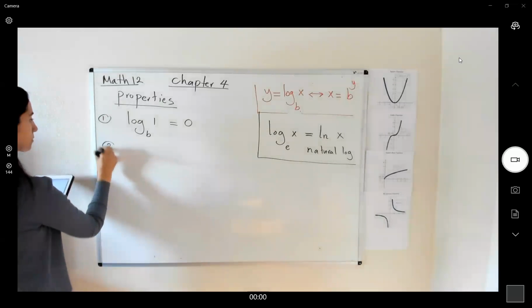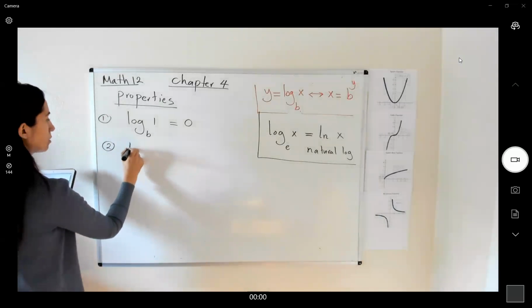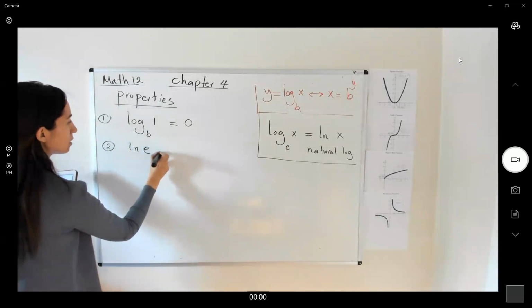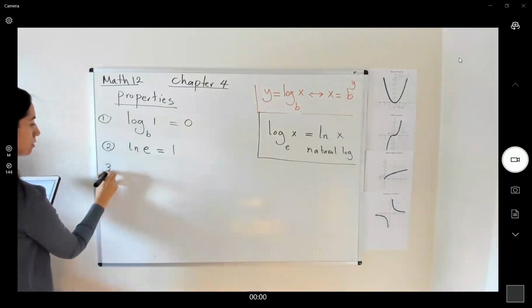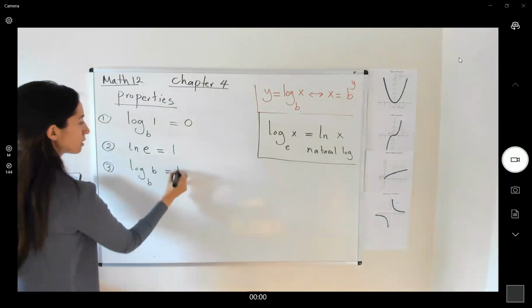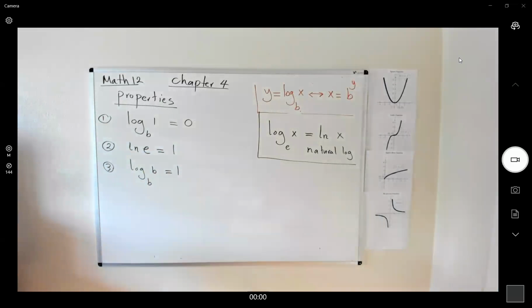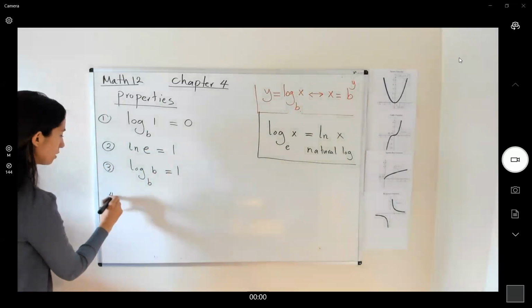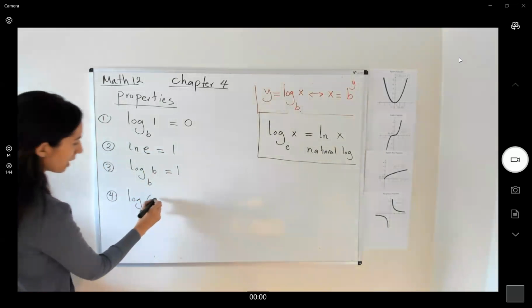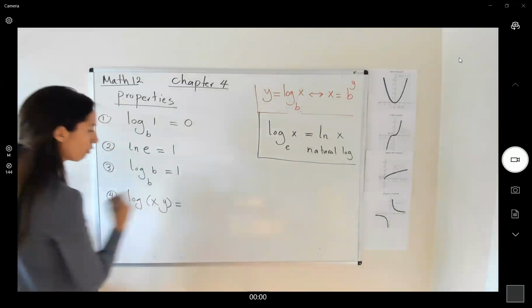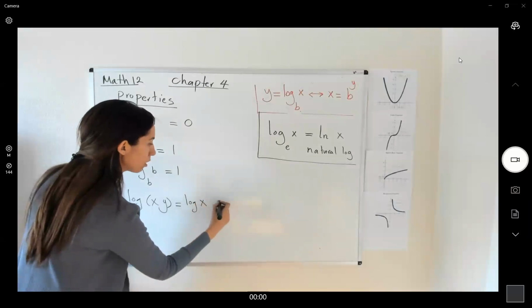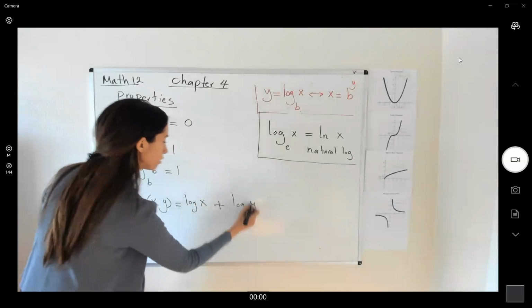We learned that ln of e is equal to 1. We also learned the fact that log with base b of b is also 1. If you have a log of x times y, you can write this as log of x plus log of y.